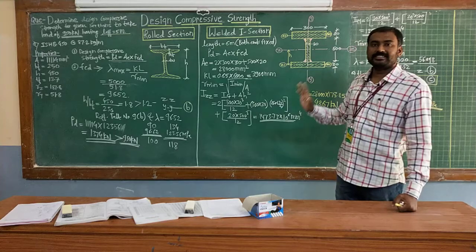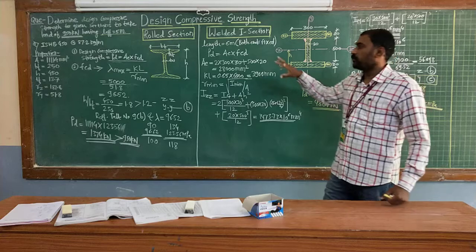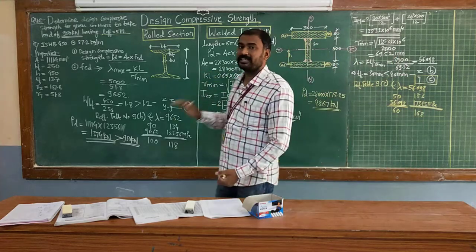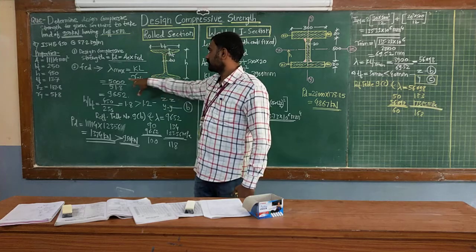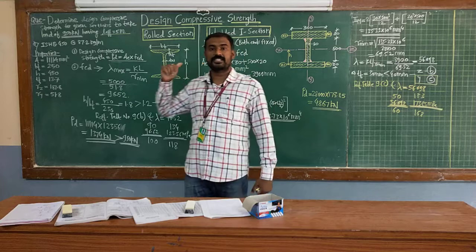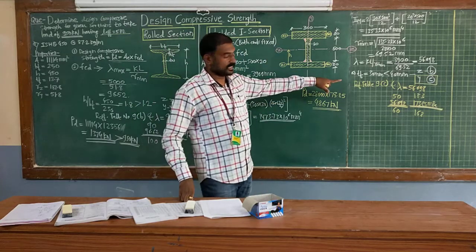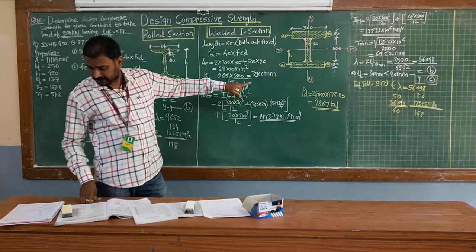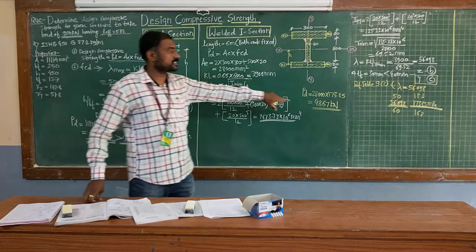So here you need to understand the difference between rolled section and welded section: for rolled section your buckling classification is going to depend on your KL by r minimum values, and in case of your welded section your buckling class will depend upon the second factor, that is thickness of flange value and H by BF ratio. So here the numerical is completed.